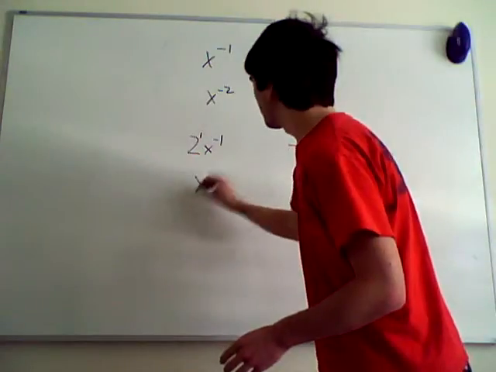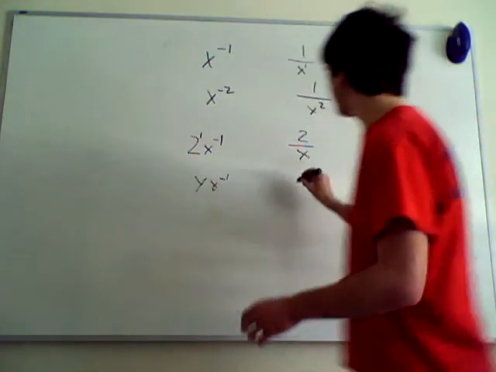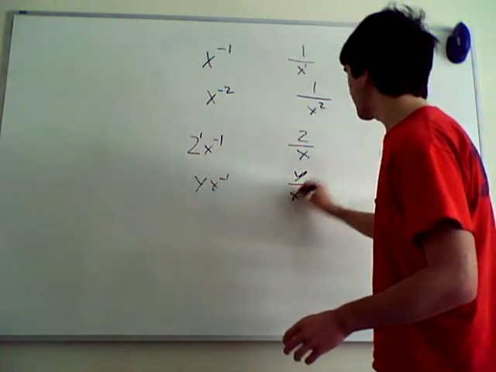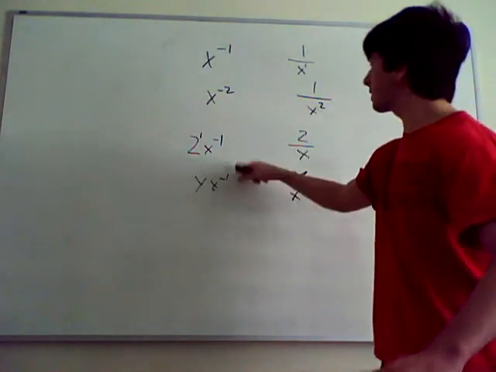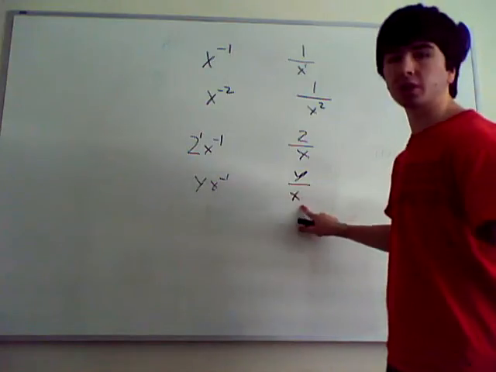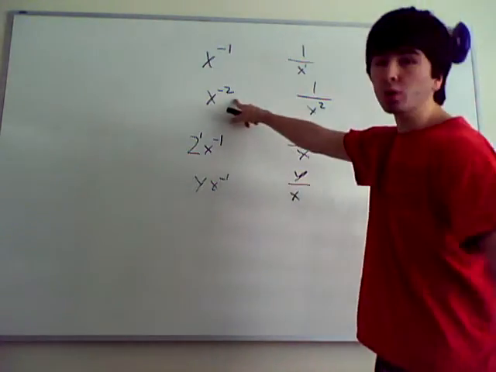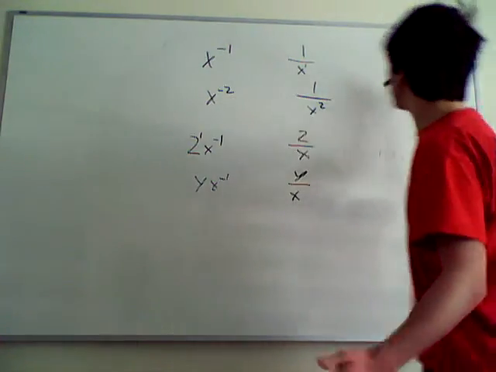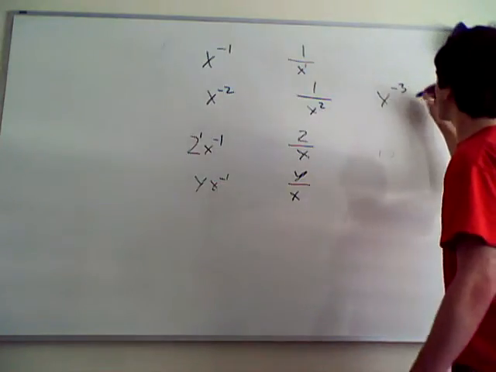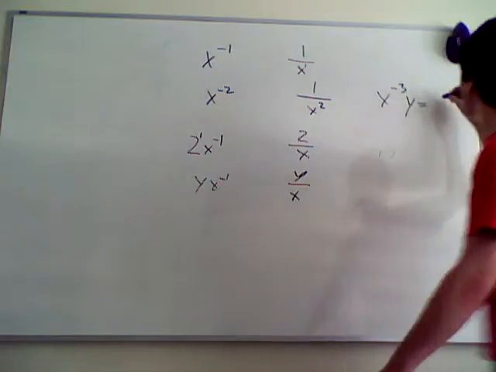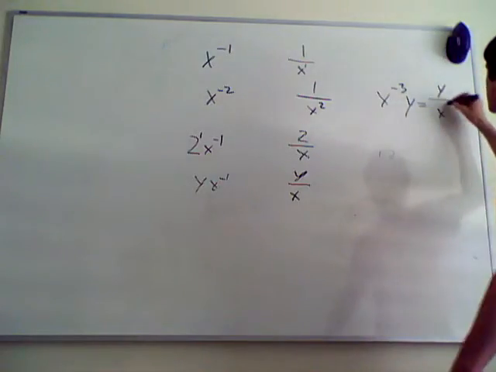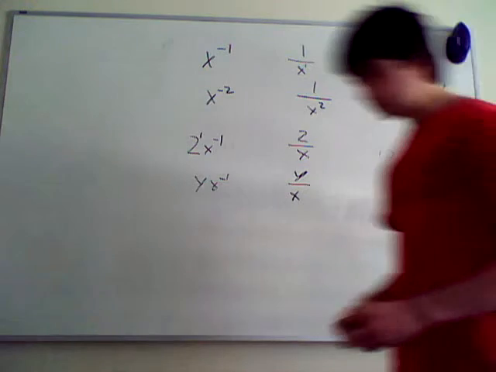If you had y x to the -1, it would be the same, y/x. Negative exponents travel to the bottom, and then look at the number. If it's 1, it's just the variable. If it's a 2, you square it. If it's x to the -3rd times y, it becomes y/x to the 3rd.